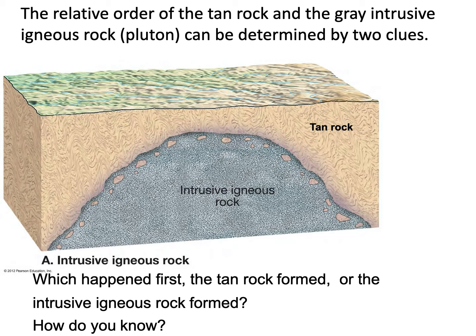There's two clues to what happened, the order of events that geologists would be paying attention to if we're trying to answer the question, which happened first, the tan rock or the igneous intrusion? So take a look for a second and see if you can find some sort of subtle image clues in here, and then I'll tell you what those are that geologists would see.